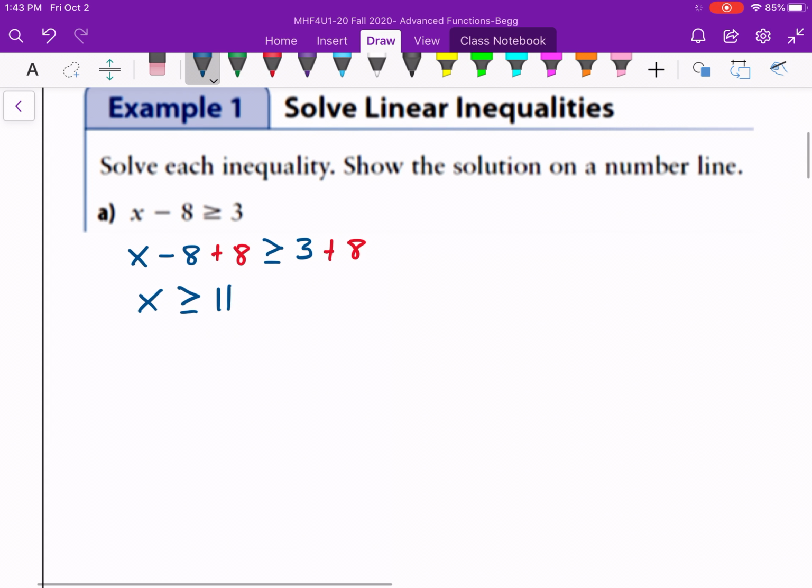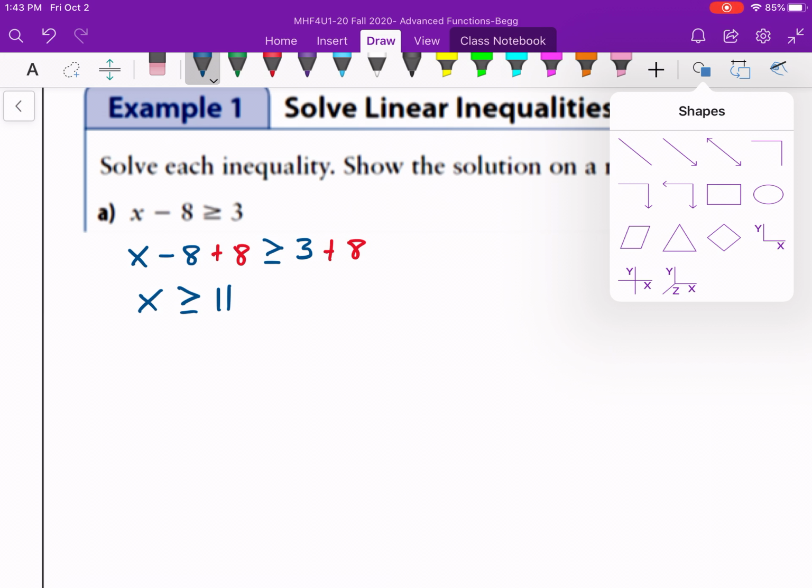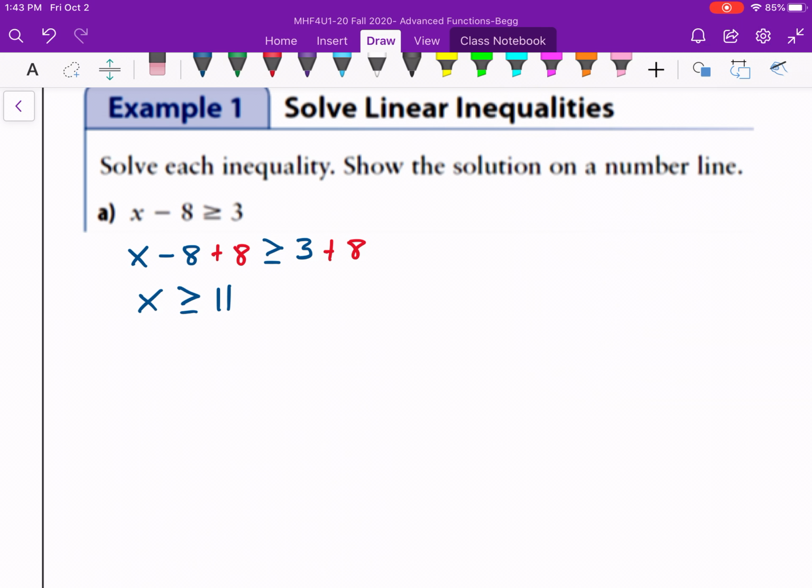Now, if I want to show that on a number line, remember, it's just for a variable like this, we can draw our number line out and put some numbers that will be in the correct range for what we're looking for. Put a few marks on here and an appropriate scale.